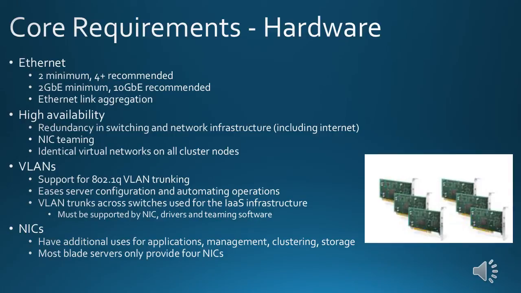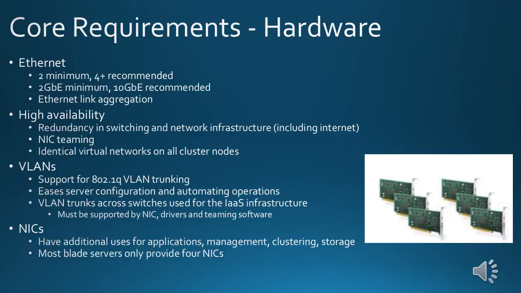Networking is a critical design component as well. Ethernet is one of the core requirements for the hardware. One of the critical components for high availability networking again is redundancy, eliminating single points of failure. You want at least 2 of everything: 2 NICs, 2 HBAs, 2 aggregation ports to provide you the highest availability possible.